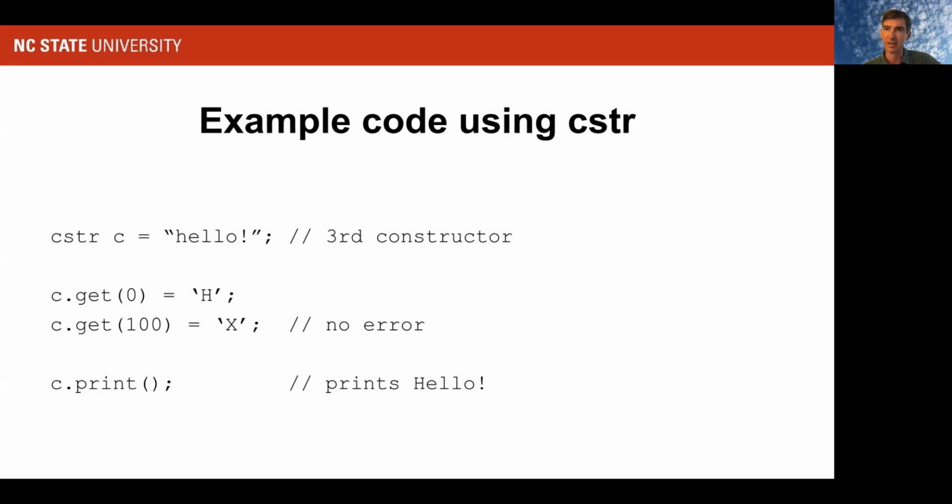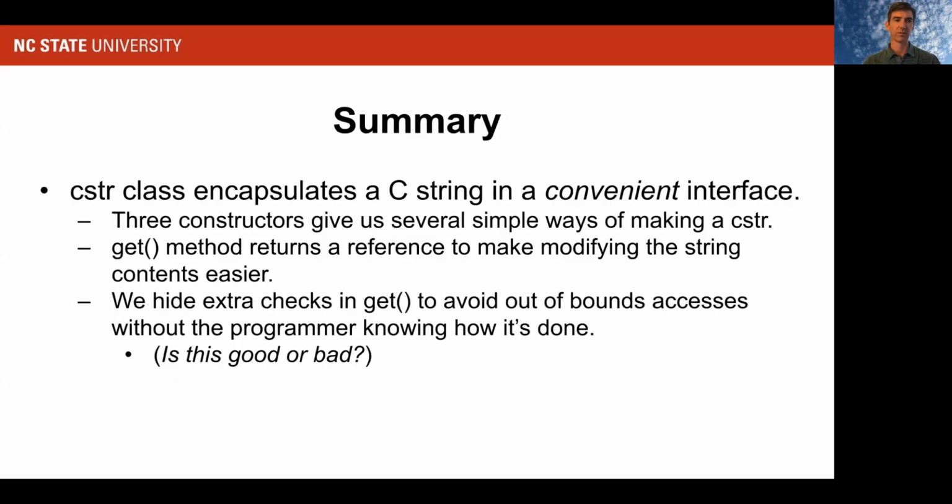This does lead to the weird implication that I could say CString C equals 5, and that would make a string of length 5 with 5 spaces inside of it, a blank string of length 5. That would also work. But here we just set it equal to hello, and that means I'm going to call my third constructor, copy this hello string in, and then these other operations will proceed as we described on this object.